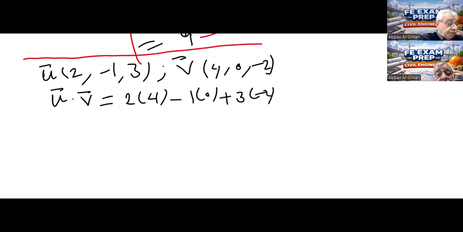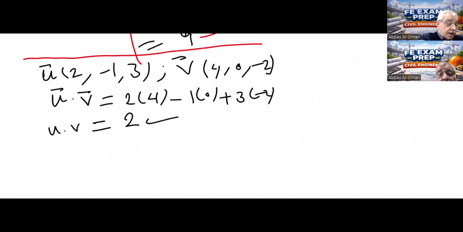So this is 8 minus 0 minus 6, that's 2. 8 minus 6, so the dot product is 2. So this is the answer.